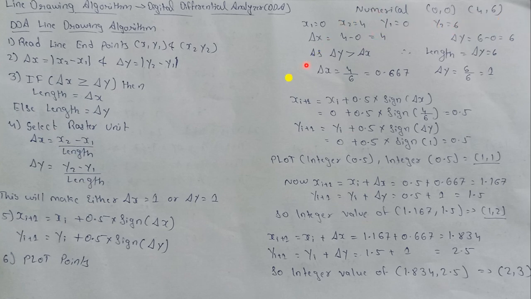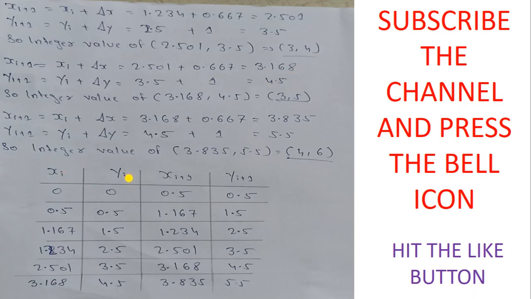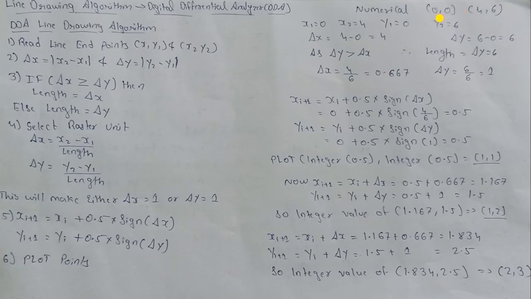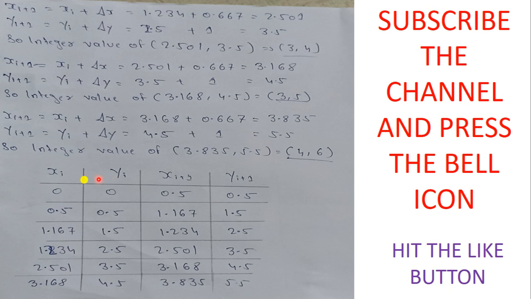According to this I have made a table with x_i and y_i. These are the first coordinate points we have, 0, 0. To find the next points I have made columns x_{i+1} and y_{i+1}.